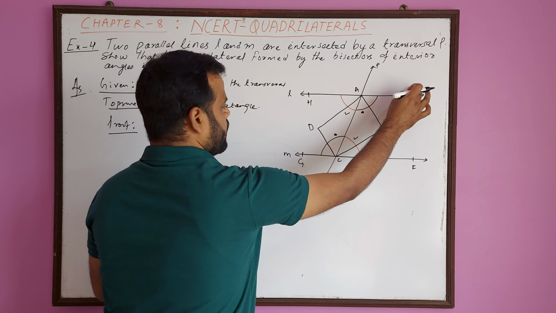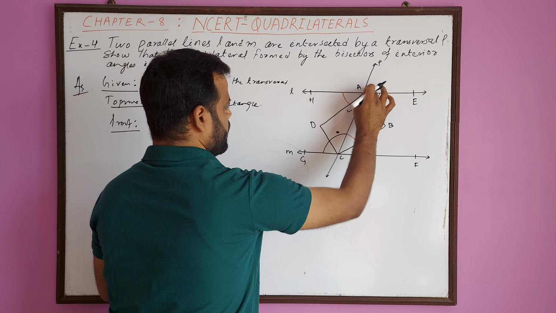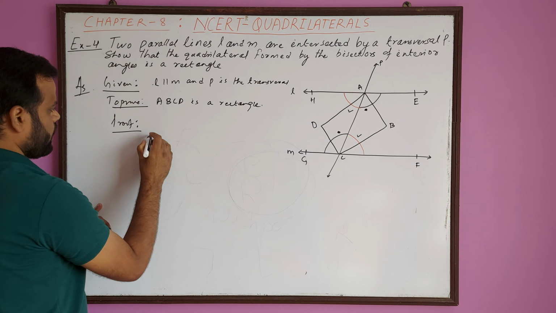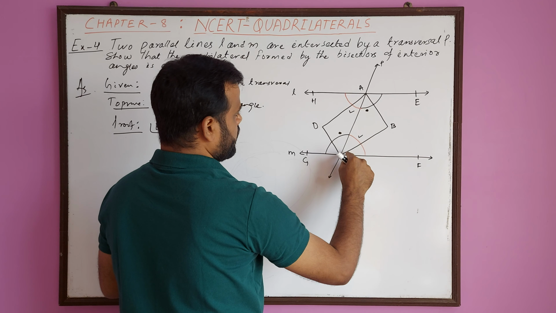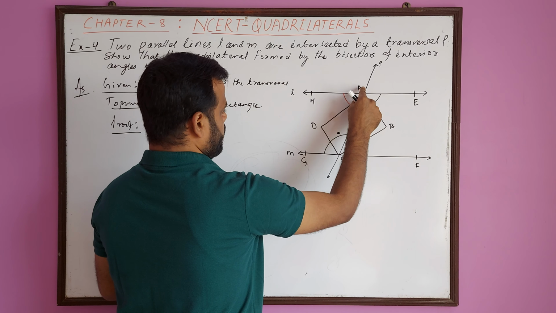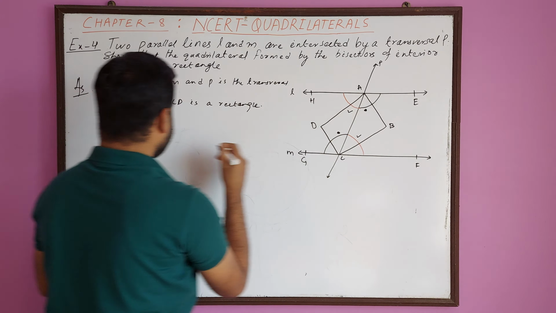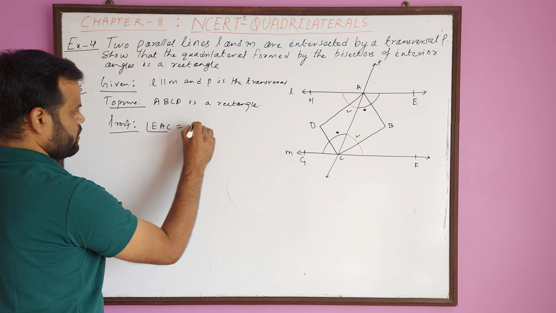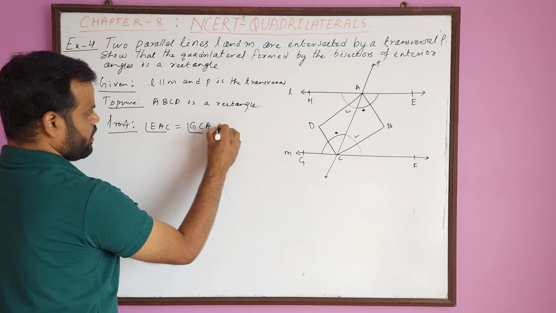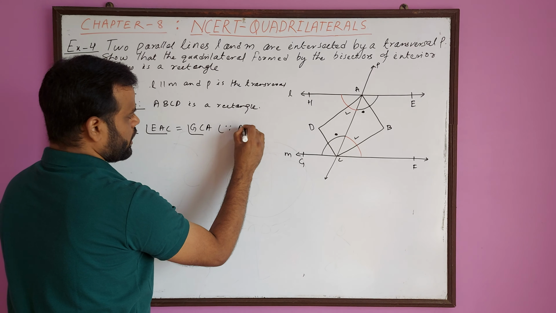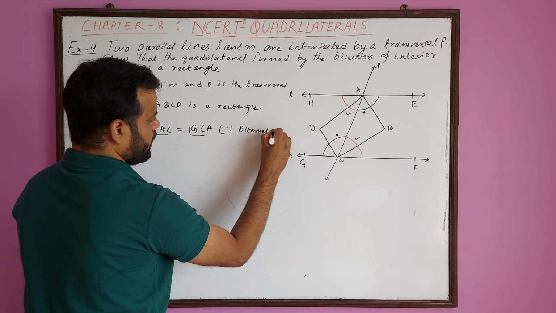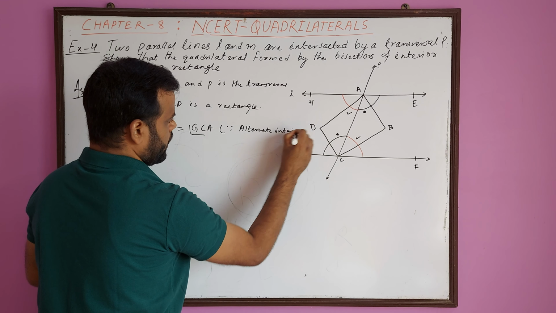So proof. Angle EAC is equal to angle GCA, because these are alternate interior angles.